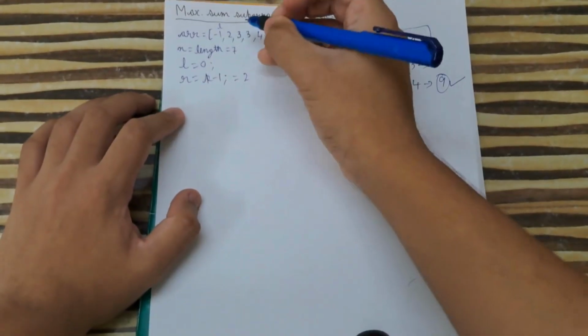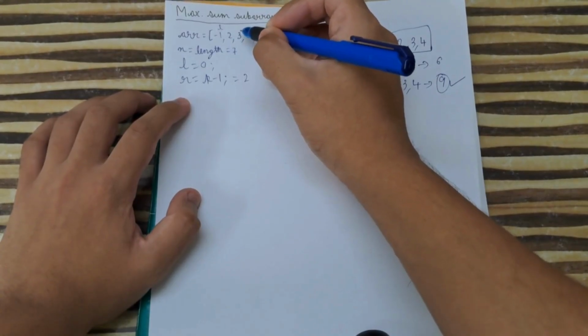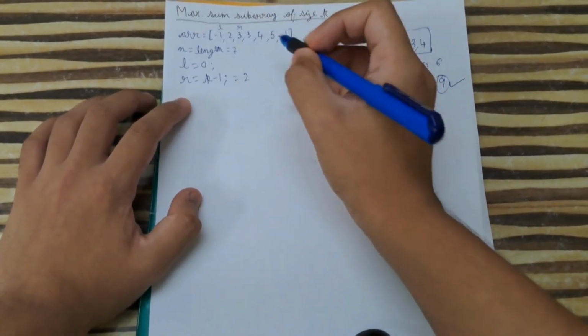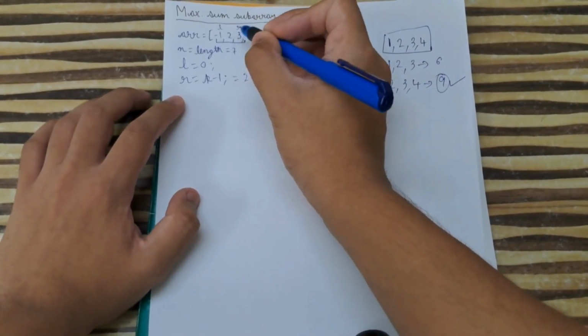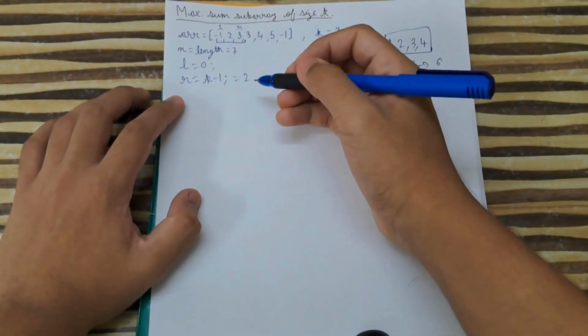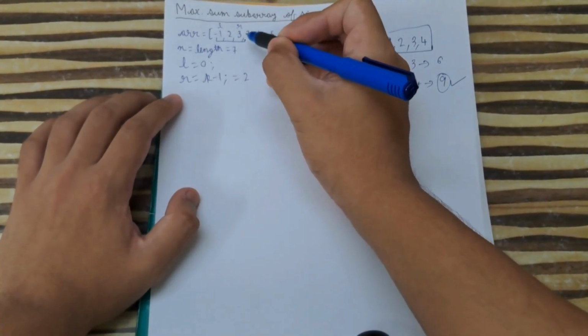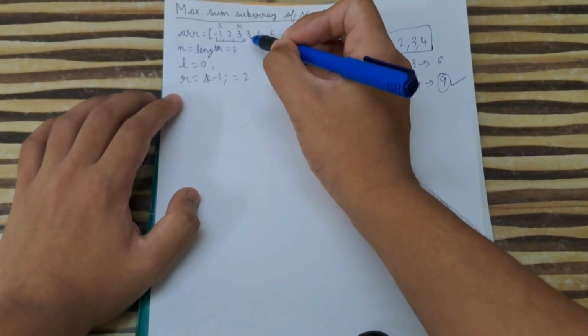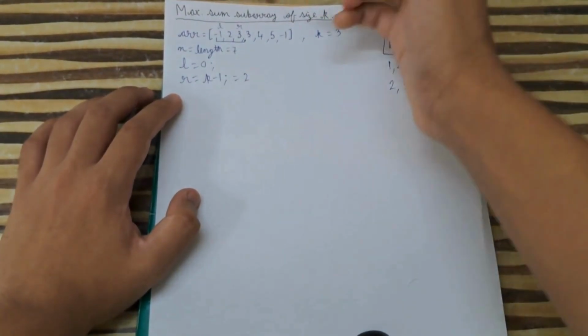If this is the 0th index, this is the first index, this is the second index, R would be here. So this is the first window that we have for the sliding window, minus 1, 2 and 3. Similarly, when the next iteration starts, the second window would be 2, 3, 3, then 3, 3, 4, then 3, 4, 5, then 4, 5, 1. Then the loop will stop here.